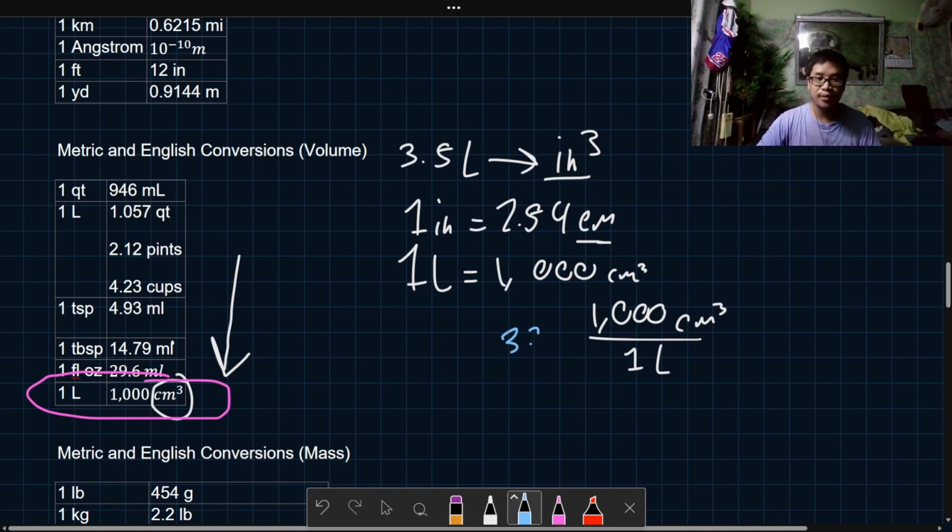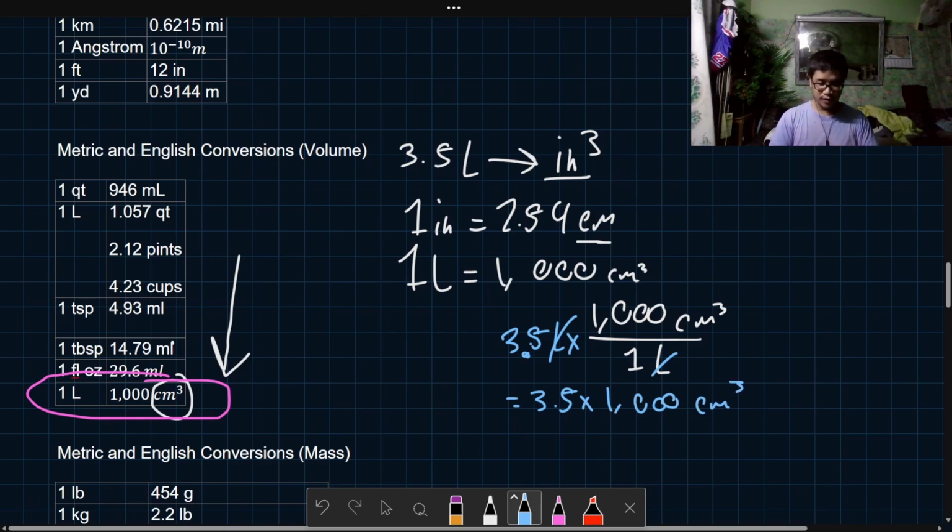So we have 3.5 liters times 1,000 cubic centimeters all over 1 liter. We can cancel the liters and we have 3.5 times 1,000 cubic centimeters. So with that, 3.5 times 1,000, we will have 3,500 cubic centimeters.